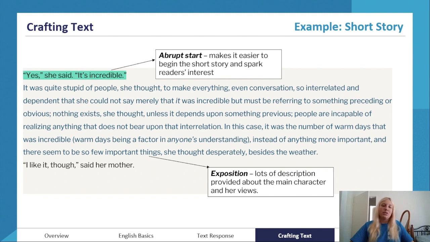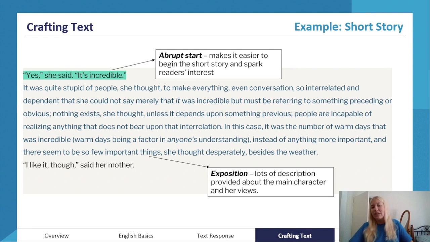So there's lots of exposition. It's revealing that the protagonist of this short story, that has not been named, has huge perspectives on the world and people. It's revealing that she thinks people are quite generally plain and boring and have no depth to them.